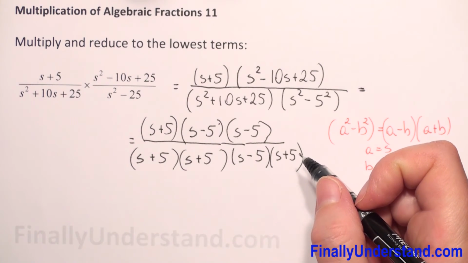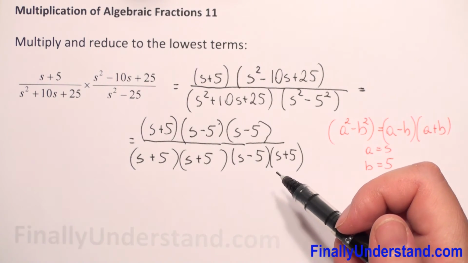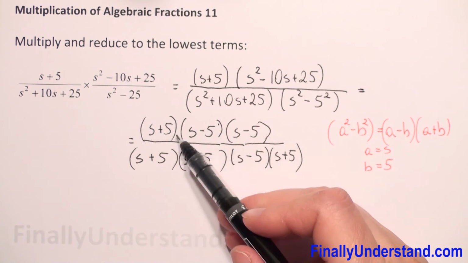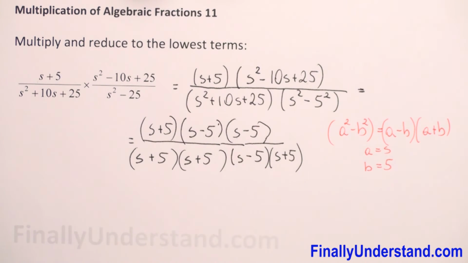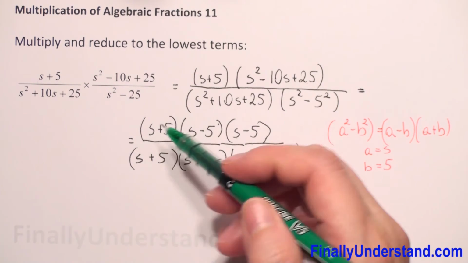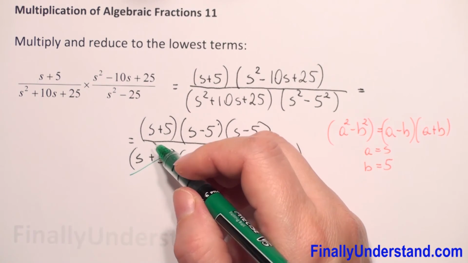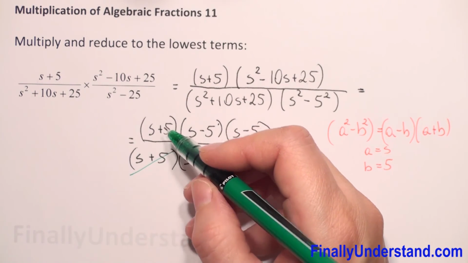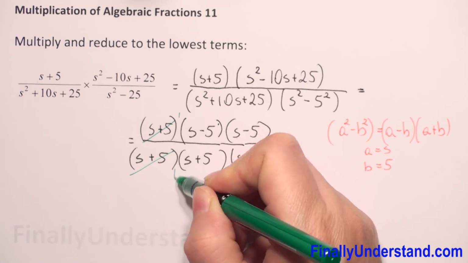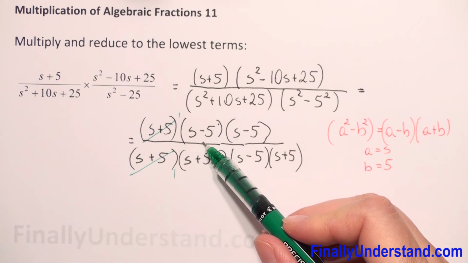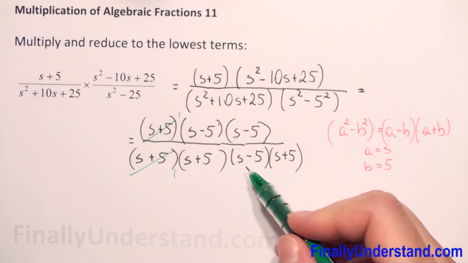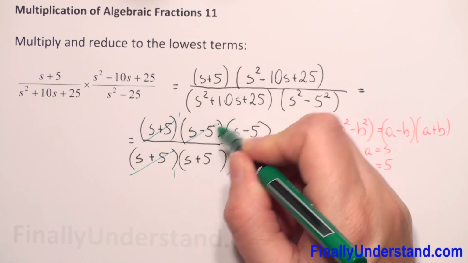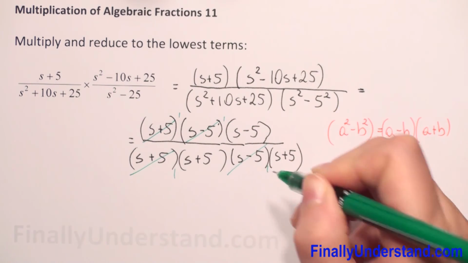Now we see that we have the same expressions in parentheses, and we have multiplication, so we can reduce. We have s plus 5 and s plus 5, so this we can cancel out, it will be 1 and 1, and s minus 5 and s minus 5, it will be 1.